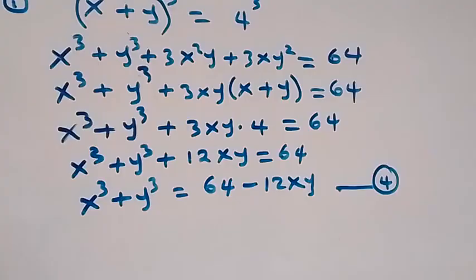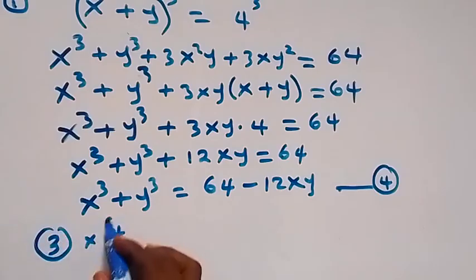Then from here, we can multiply equation 3 and equation 4. So equation 3 multiplied by equation 4.